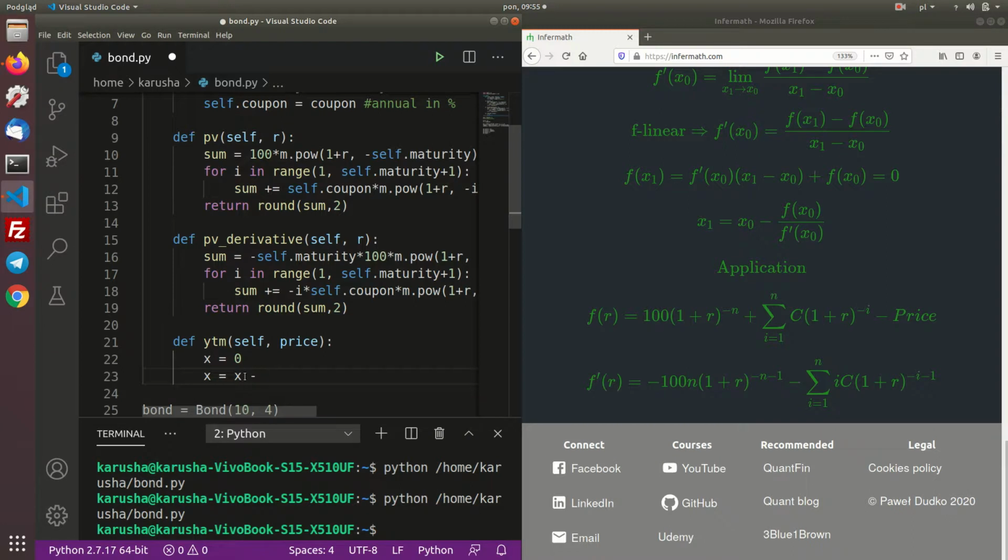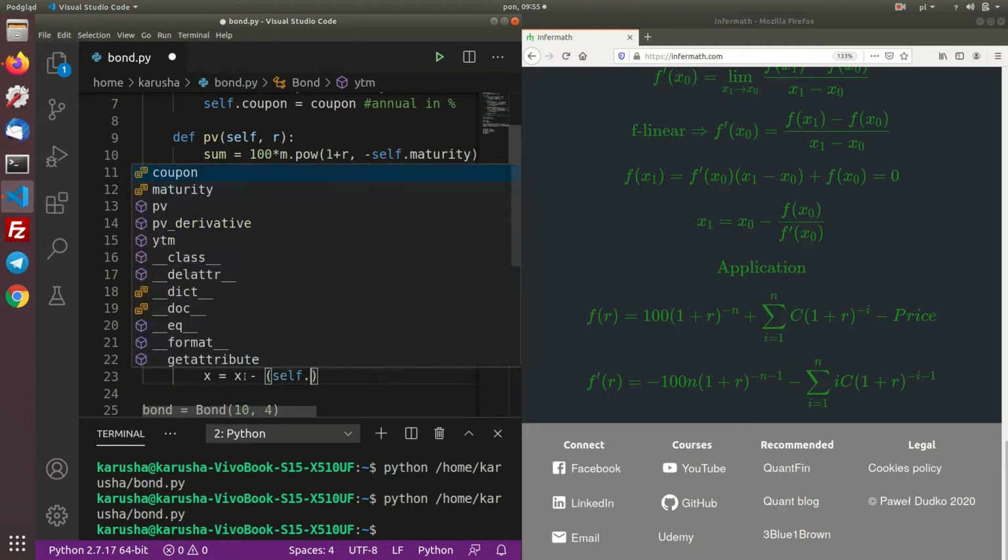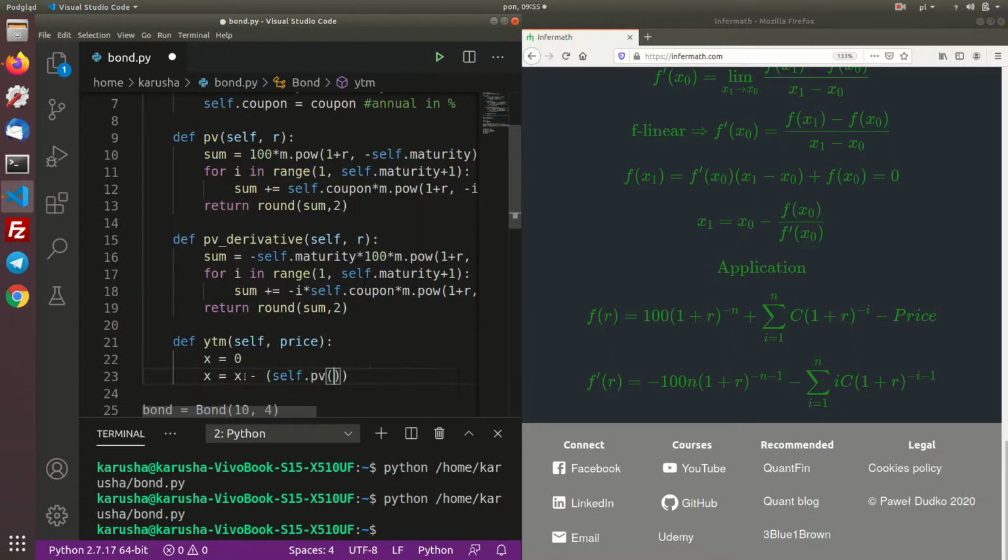In our case, this will be self PV at point x minus price. Yep, and this is the f of x bit, and we also need to divide it by the derivative.